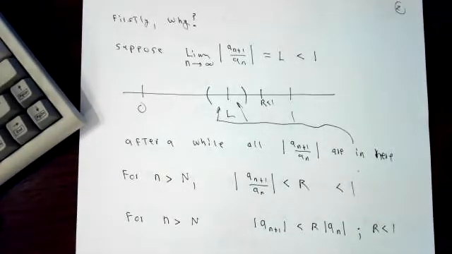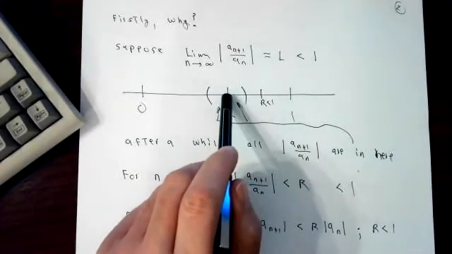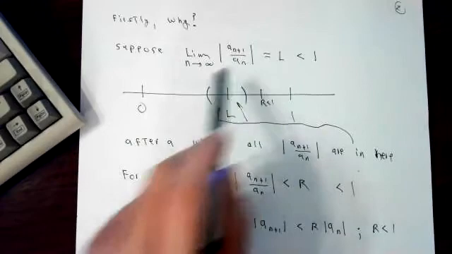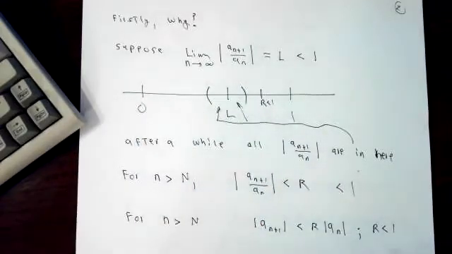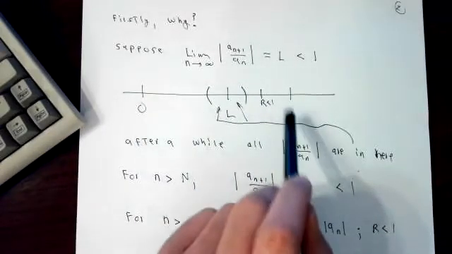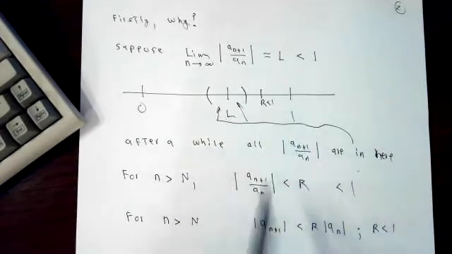Why is this so? Suppose that the limit that we're calculating exists and is some actual number L, and that number is less than 1. That means that L can't be negative, so it's at or to the right of 0, and has to be less than 1.